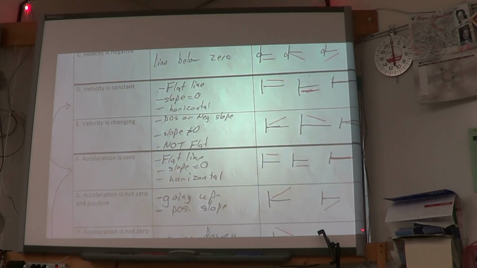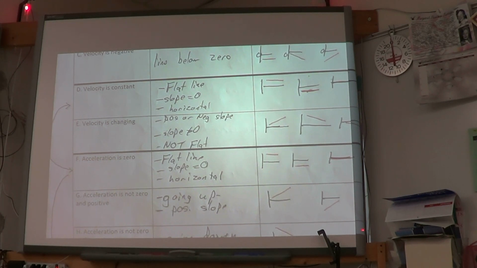When we look for velocity being constant, remember, velocity is constant when there is no acceleration, or my acceleration is equal to 0. The slope of a velocity versus time graph is acceleration. So if my slope is 0, then my acceleration is 0, which means it's not accelerating and my velocity is constant.